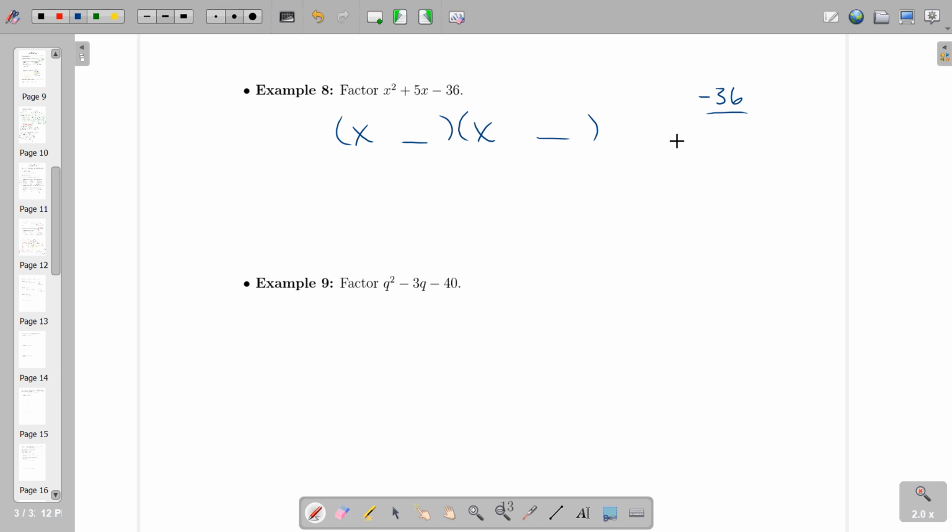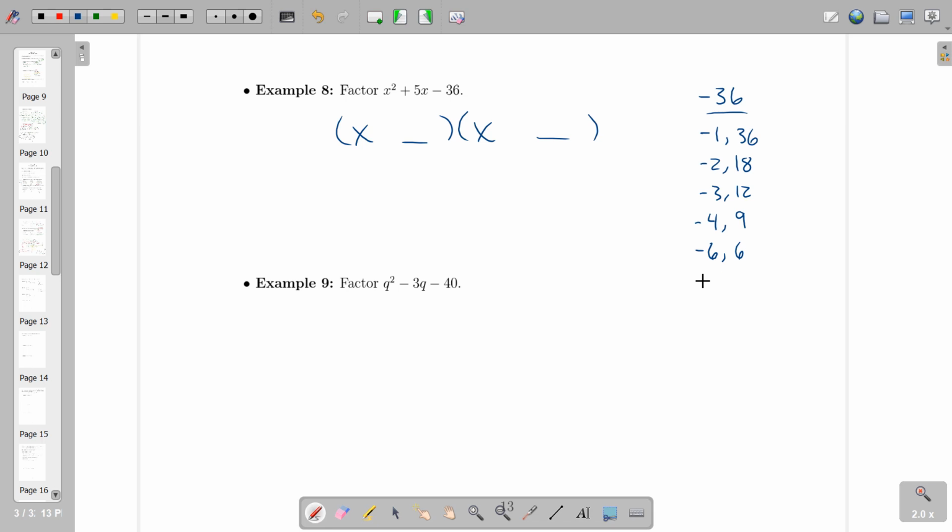Negative times positive, positive times negative. So I need to think about negative 1 and positive 36, negative 2 and positive 18, negative 3 and positive 12, negative 4 and positive 9, and then negative 6 and positive 6.